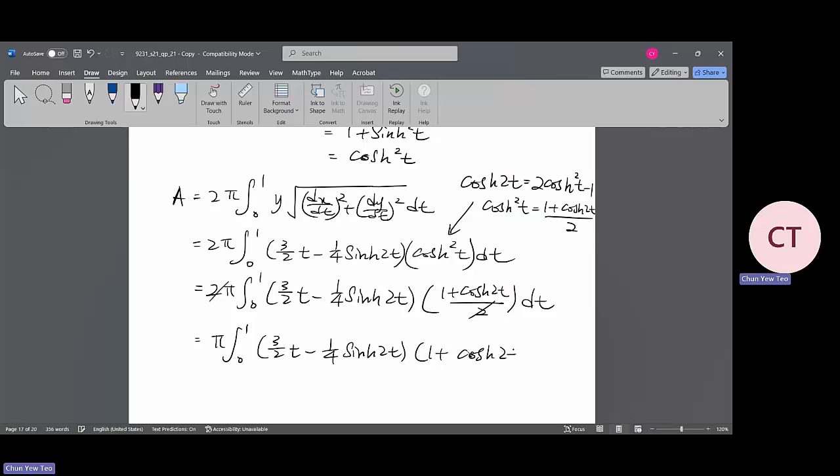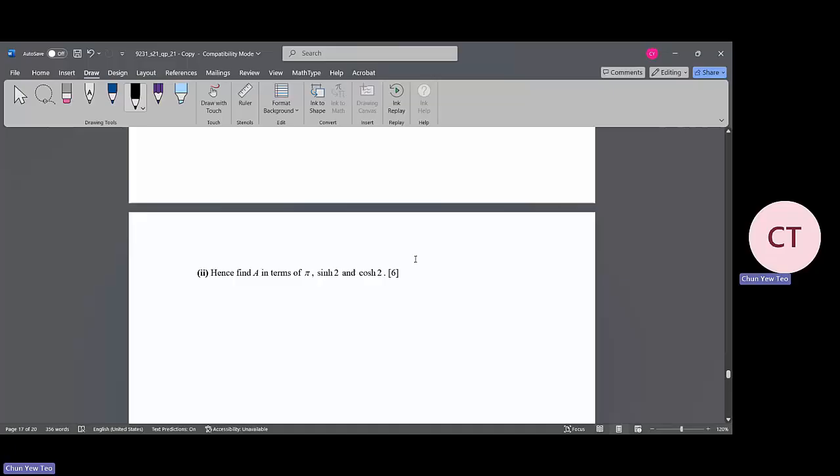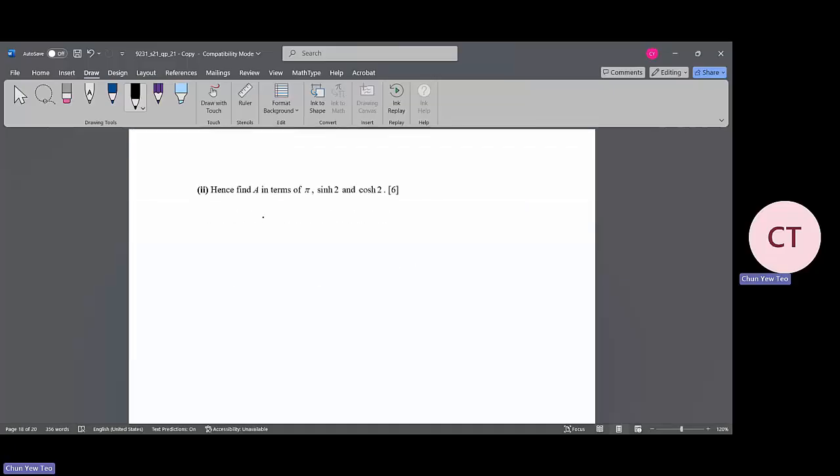That is the answer for part B, part 1, shown. Now, we're moving on to part B, part 2. Hence, we want to find the value of A in terms of pi, sine 2, and cos 2.